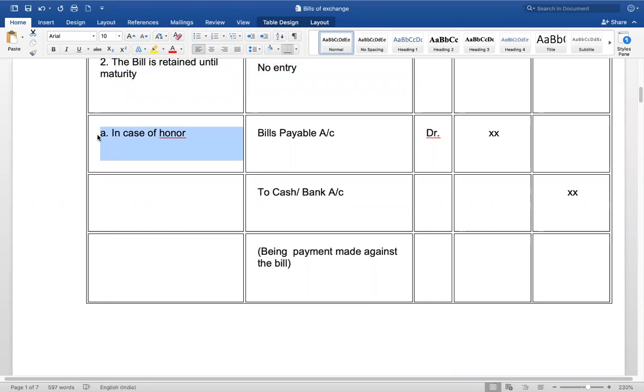And if that bill is dishonored at the time of maturity, when you went there, in case of dishonor of the bill, meaning the bill is unpaid by the payer, then the bill payable account debit to cash account, being payment made against the bill. This narration is wrong.